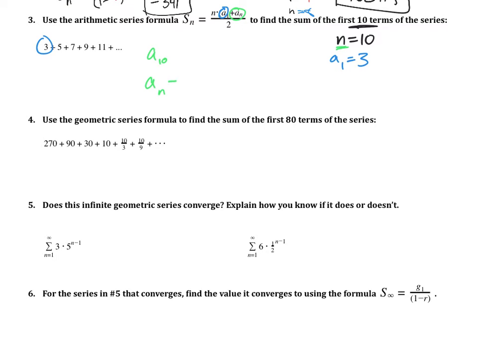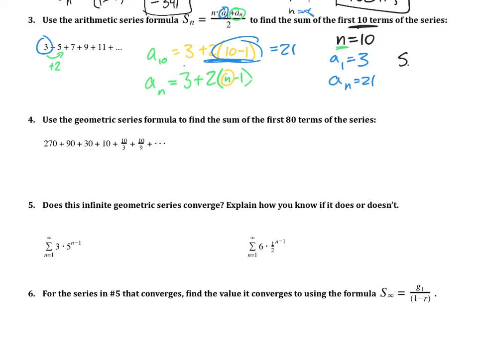So an is our sequence formula, so we'll write 3 plus, and our common difference here is 2. So if I want to find a10, I need to put in 10 for n here, like that. 10 minus 1 is 9. 9 times 2 is 18. 18 plus 3 is 21. So an equals 21.